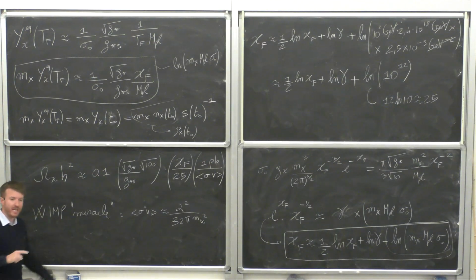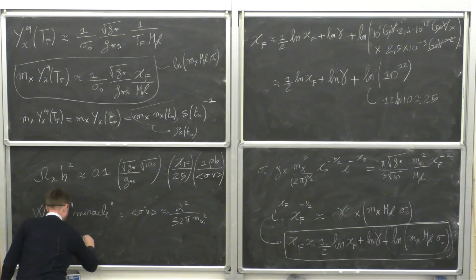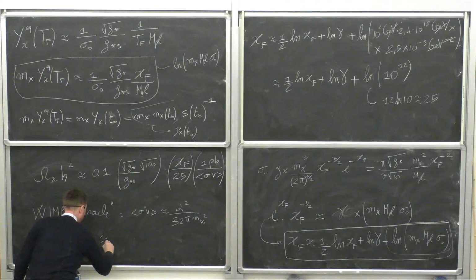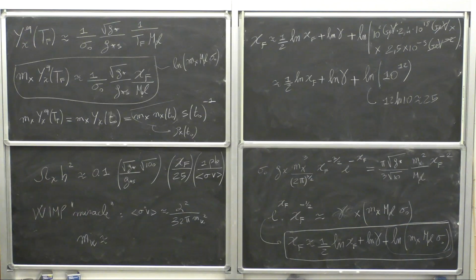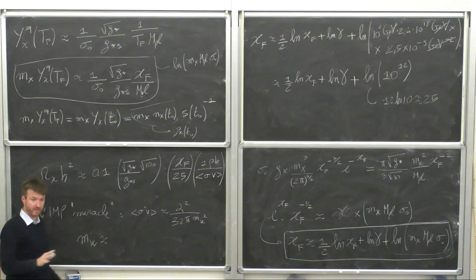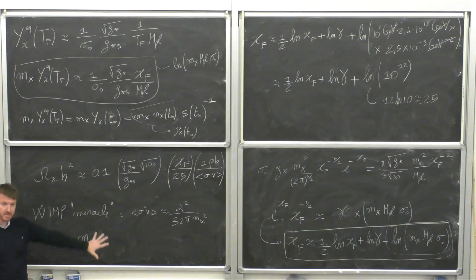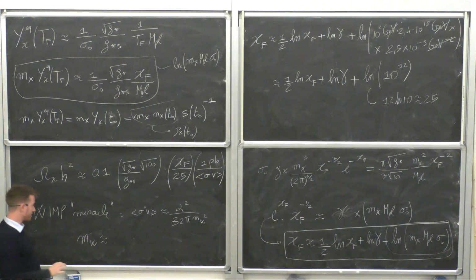There is a nice way to understand this miracle, and I will put this derivation in the notes, and you can ask me in private, but since I have 1 minute left, I will just give you this magic equation. This is really not a miracle, it's a coincidence.